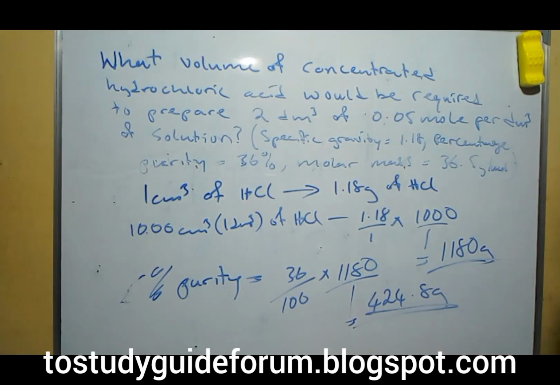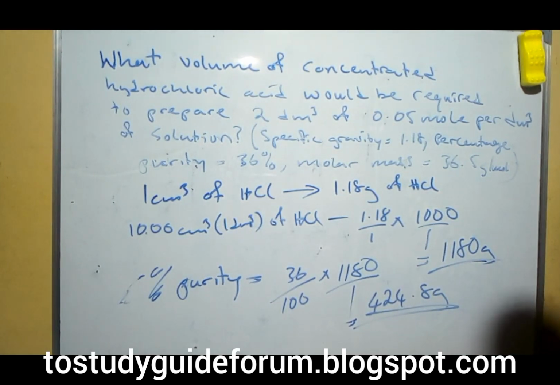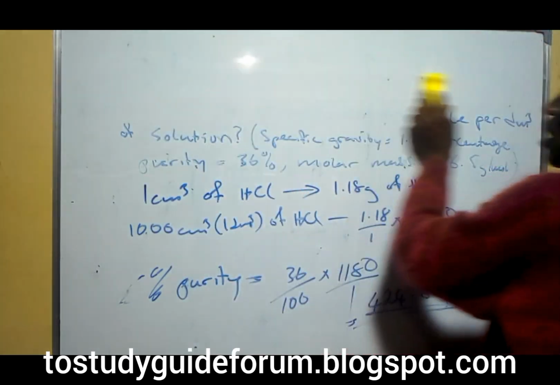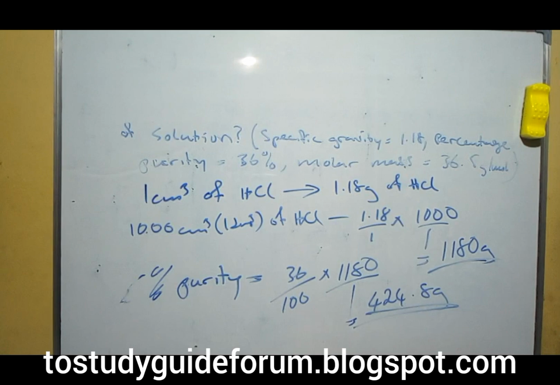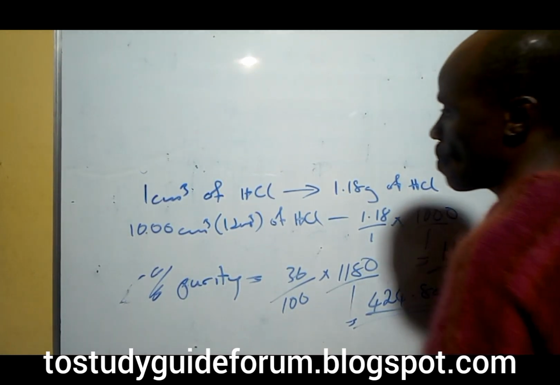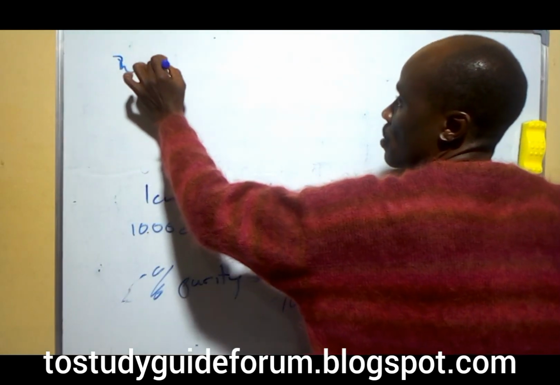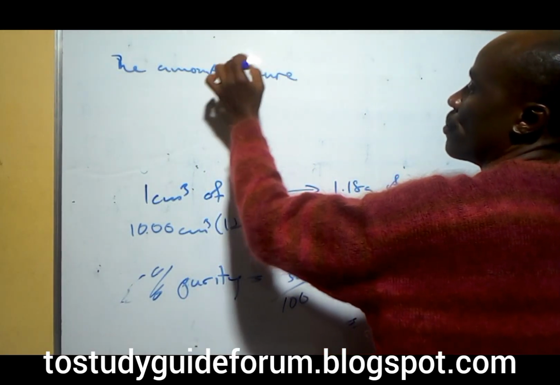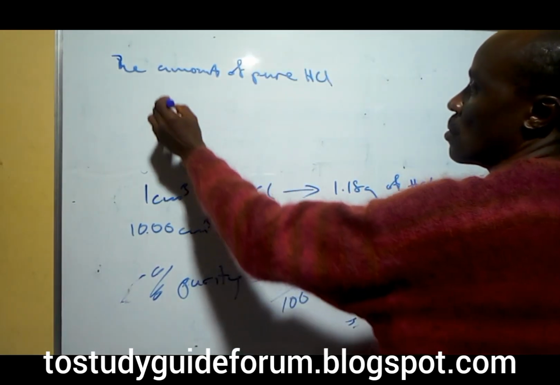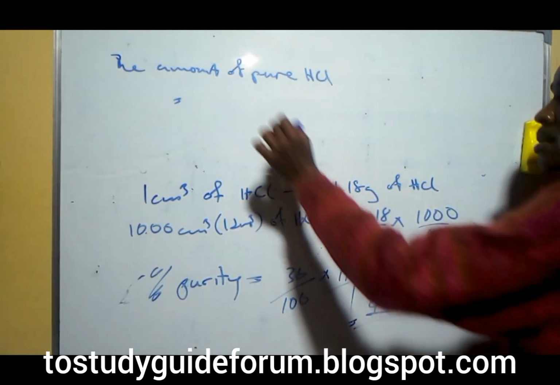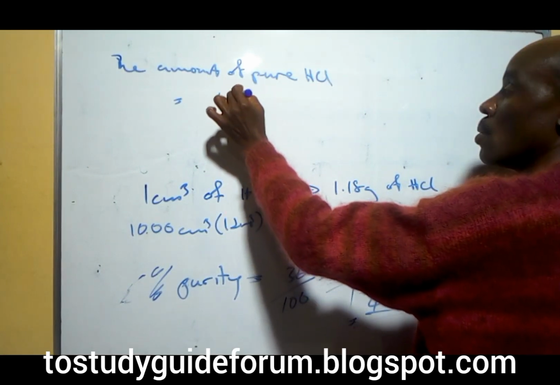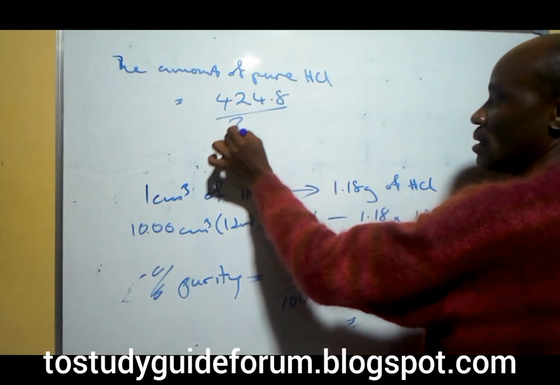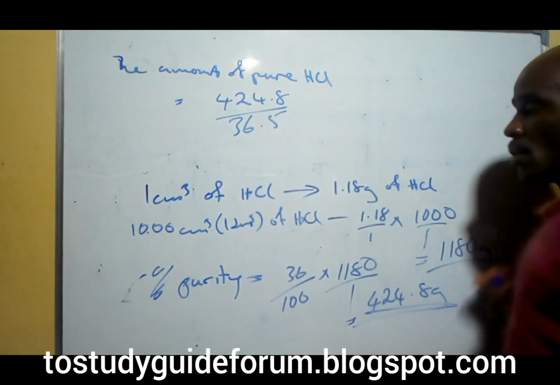So the next thing we're going to find out is the number of moles that we have in this. To get that done, the amount of pure HCl will be 424.8 divided by 36.5, that is the molar mass of it.